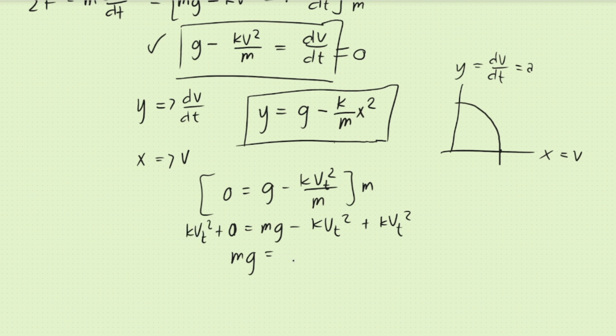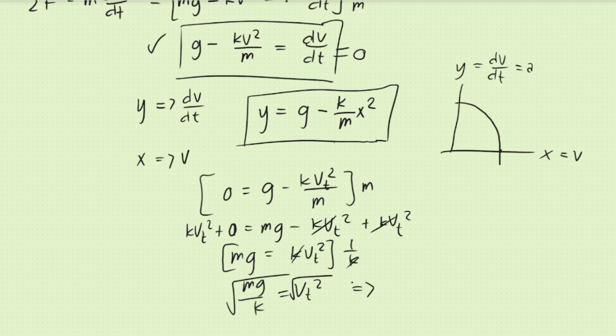Now we have mg equal to kvt squared. We divide both sides by k. We have mg over k equal to vt squared. Take the square root of both sides. We now have our terminal velocity as the square root of mg over k.